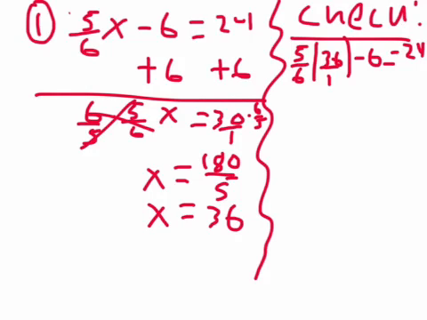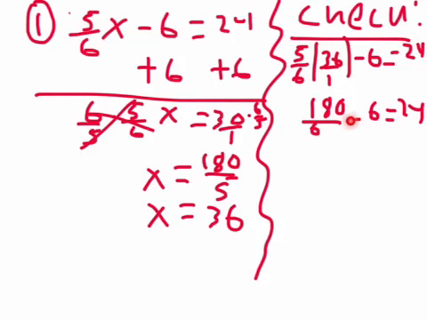Alright, so then I want to go 36 times 5, which is 180. And then 6 times 1 here is 6. And now I rewrite the rest of it. Minus 6 equals 24.